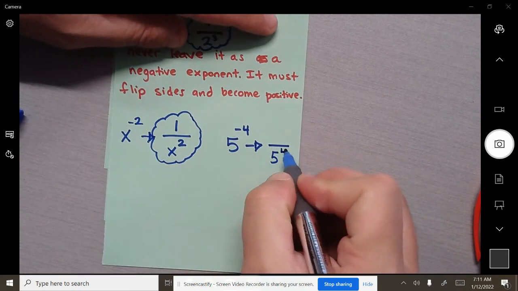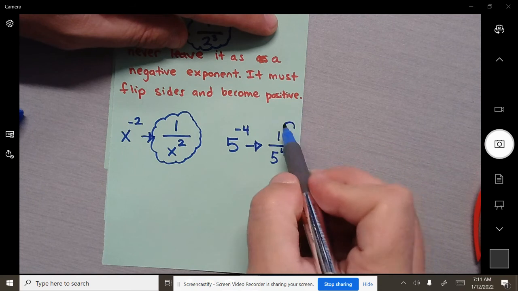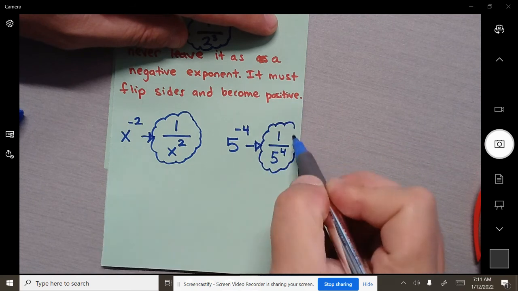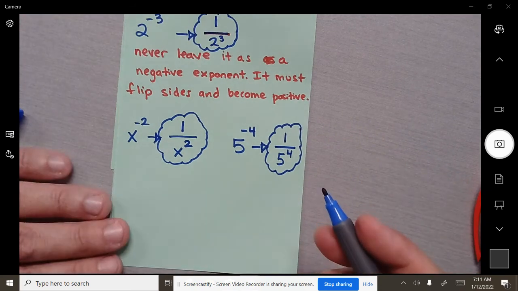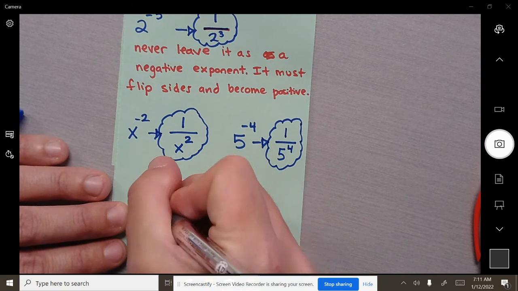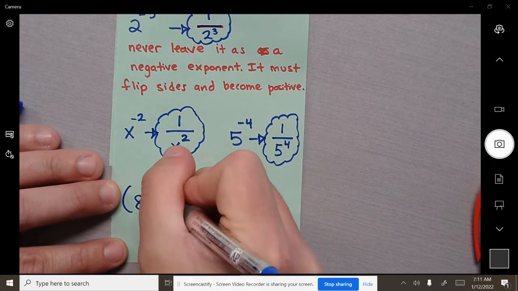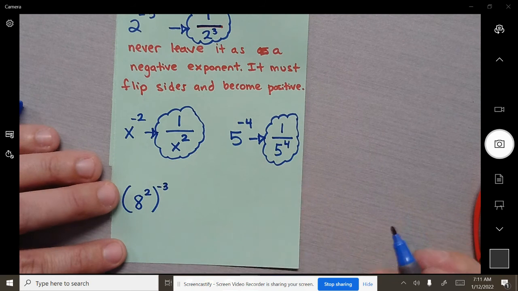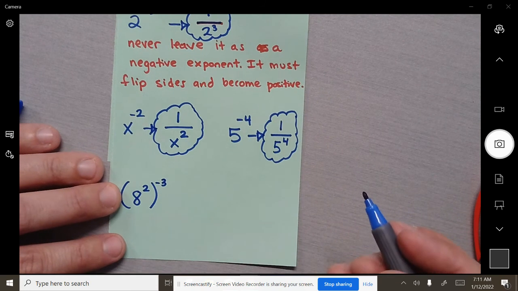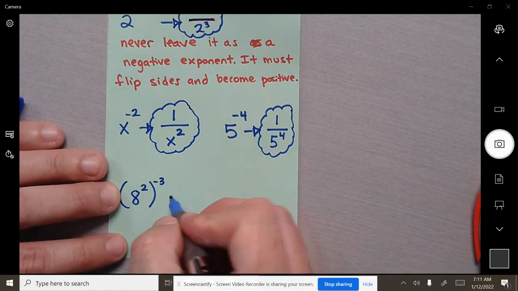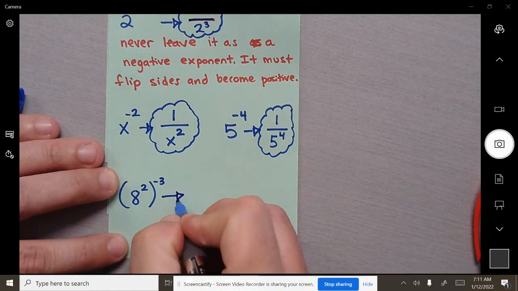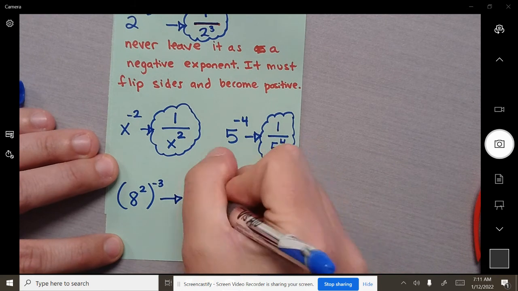Must become positive. All right, let me give you a curveball.